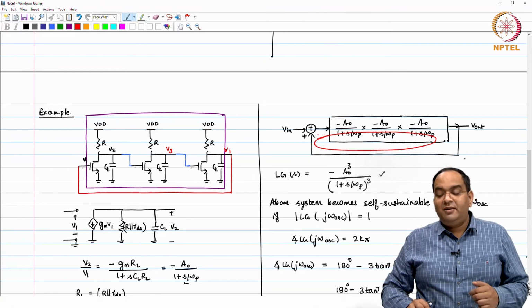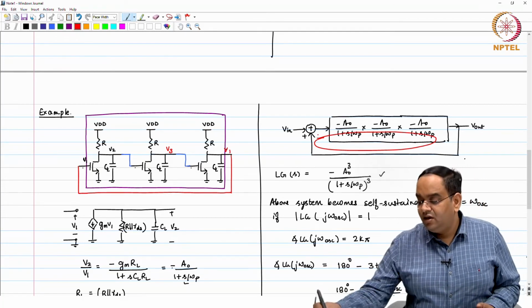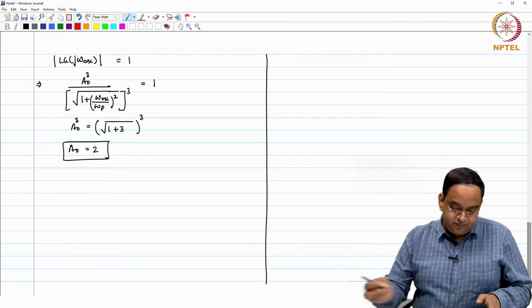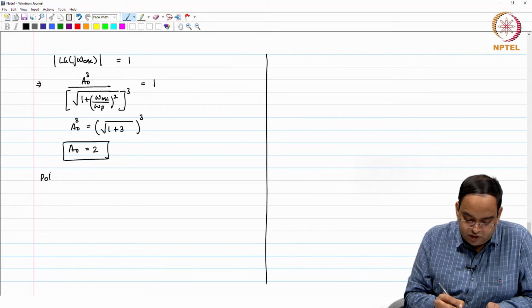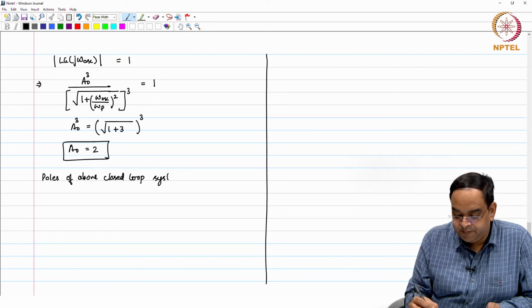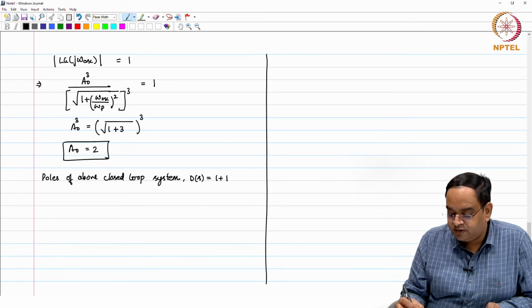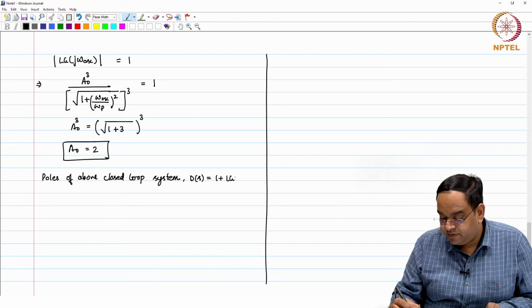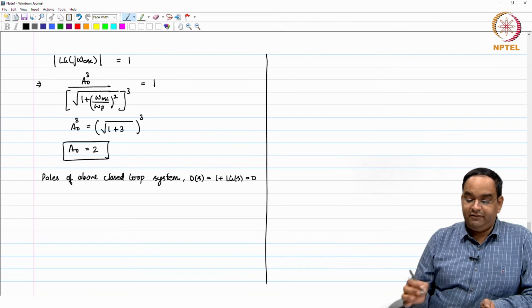Okay. So, what happens in the case of oscillator, whether the poles are in the left half plane or right half plane or j omega axis, we will confirm that. So, here if you look at the closed loop system, we need to find the poles or the roots of, okay, let me write it this, poles of above closed loop system will be given by the denominator of S, or 1 plus loop gain of S equal to 0, right, that will be the poles.